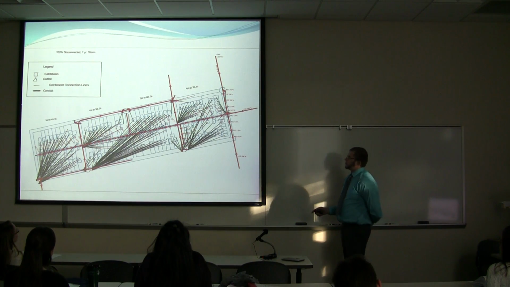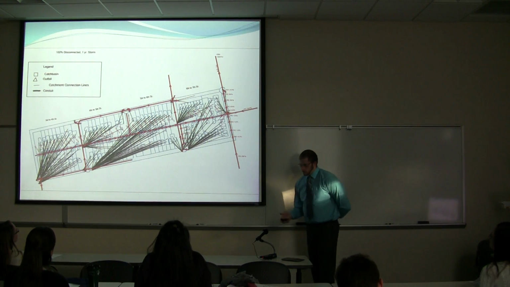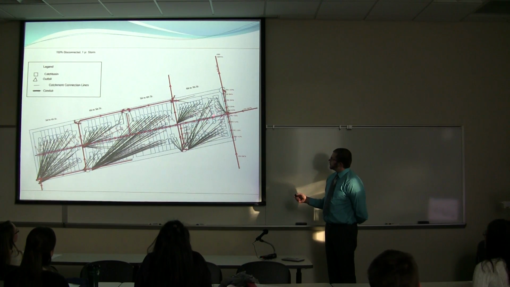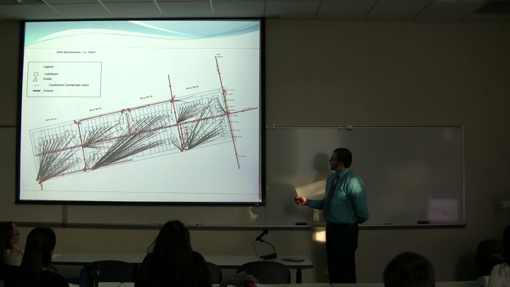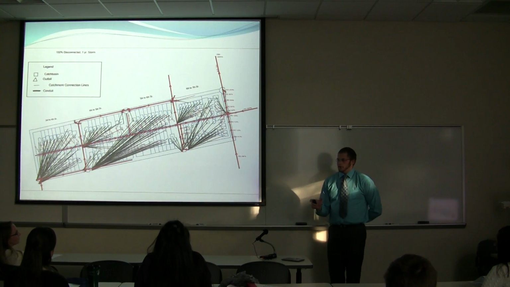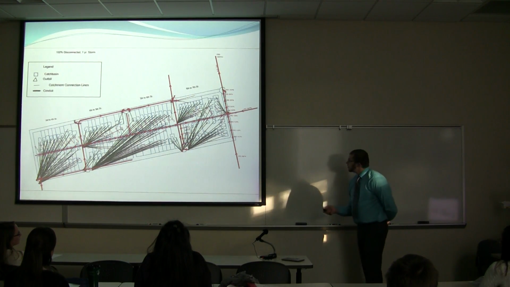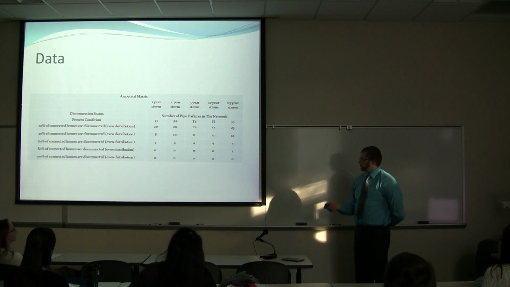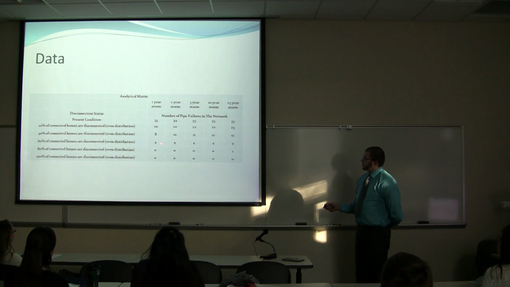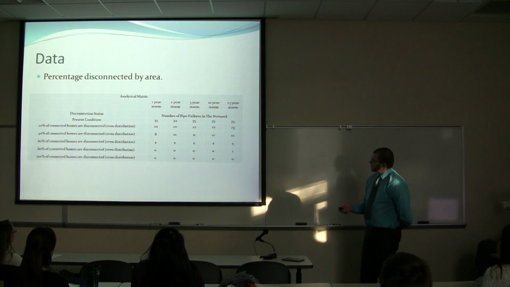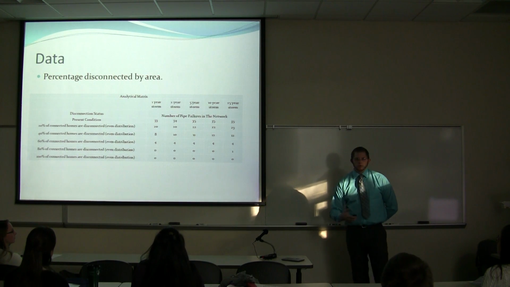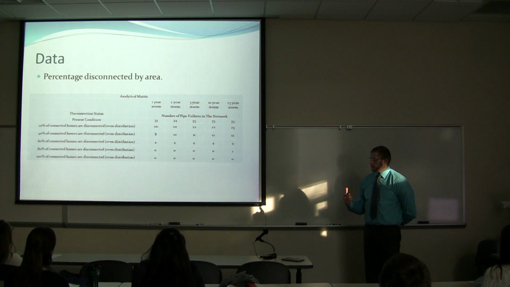And for the sake of our analysis, we are calling each pipe between the catch basins a separate individual pipe, so that you can get a more dramatic, a more substantial change when you analyze it. The way that we disconnected the roofs was by area rather than by number of houses.